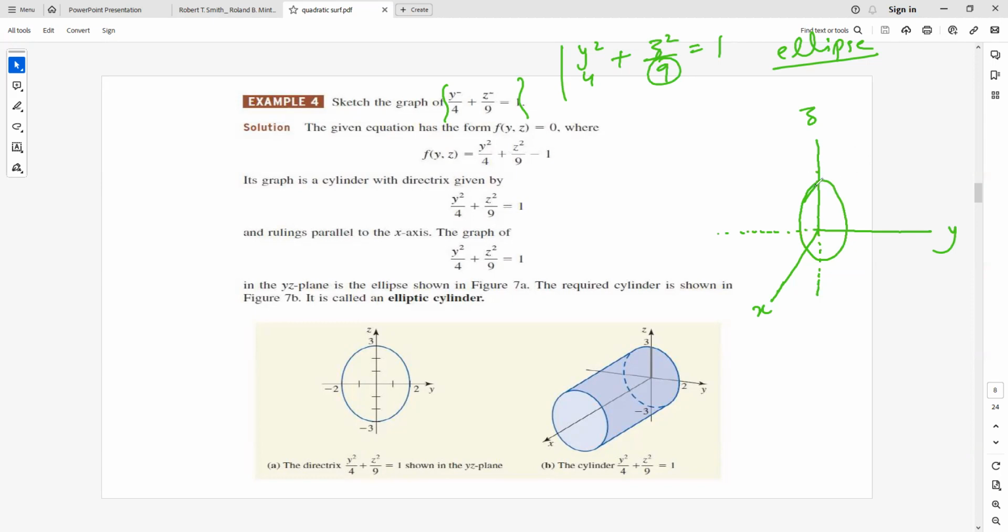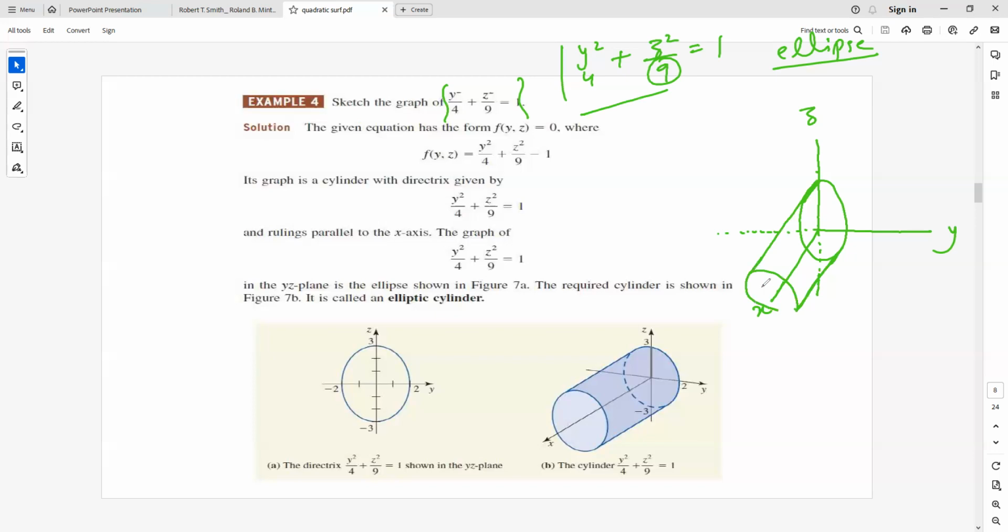Now this needs to be stretched in the x direction like this, because we already established that this ellipse is in the YZ plane, so the x dimension is free, so it will be stretched in this dimension, the x dimension, right?